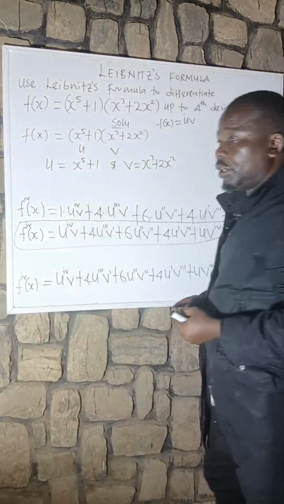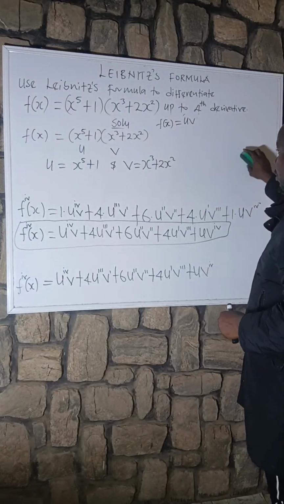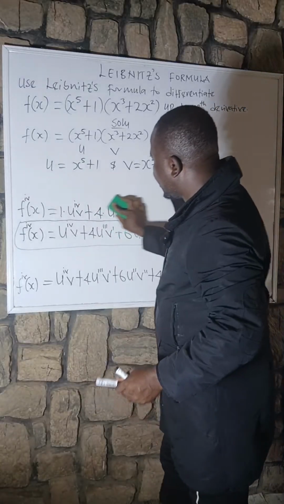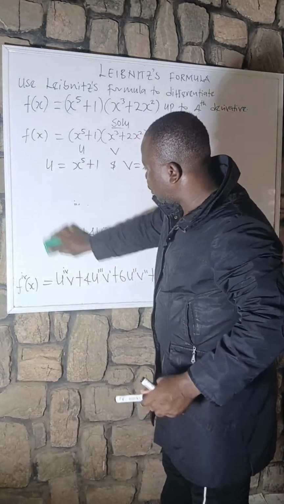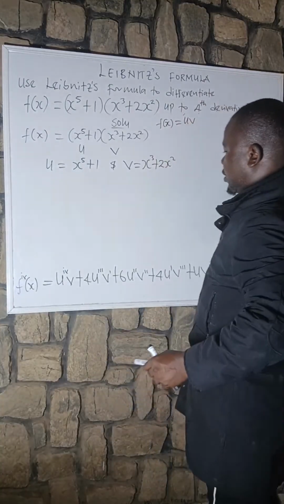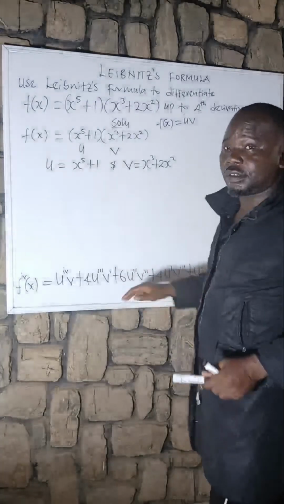Yeah, so it means we are almost done, but we need to differentiate these functions with respect to x up to the fourth derivative, so that we'll just substitute it into the formula.